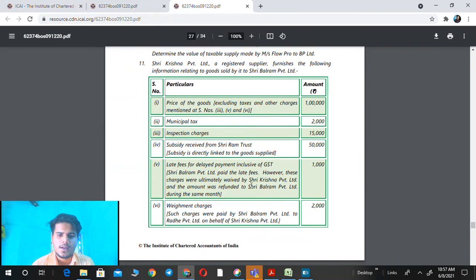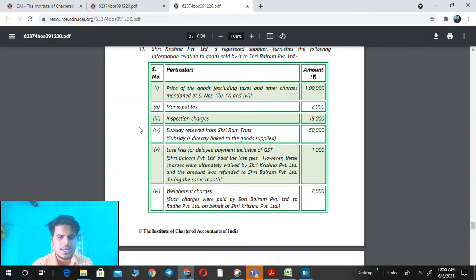So look, it is written here that excluding taxes and other charges mentioned in serial number 3rd, 5th and 6th. So excluding taxes and whatever other charges. So municipal taxes should be part of the transaction price, so add back in the transaction price.